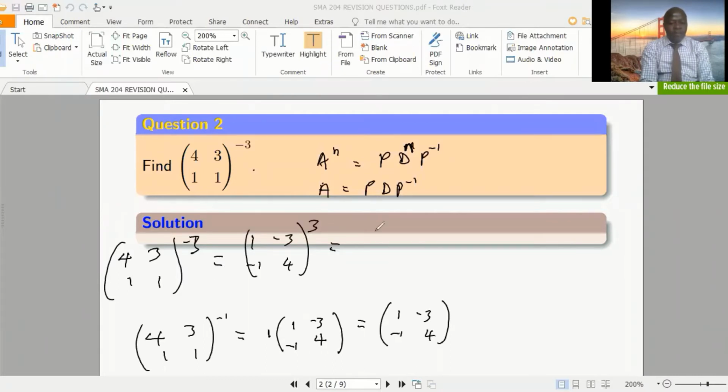And this is the same as 1, -3, -1, 4 multiplied by 1, -3, -1, 4 multiplied by 1, -3, -1, 4, because 3 is a very small power.